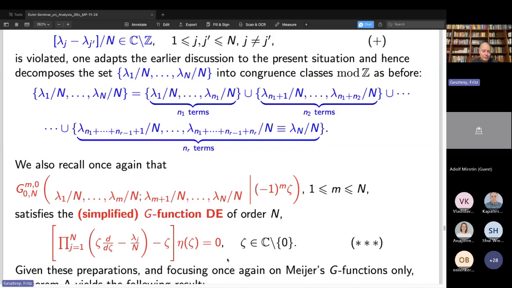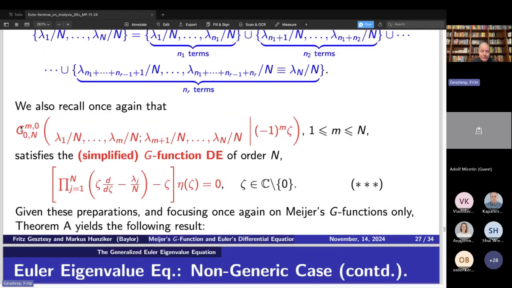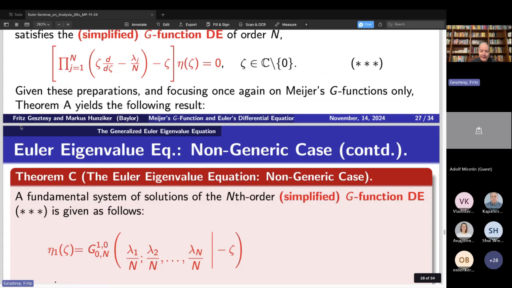So here it is once more. Now, what I really want to do is solve the corresponding Euler generalized eigenvalue differential equation. And in order to do that, I'll go back to Meyer's G function and this variable transformation that I showed you a little earlier. And in this case, here's what we get.